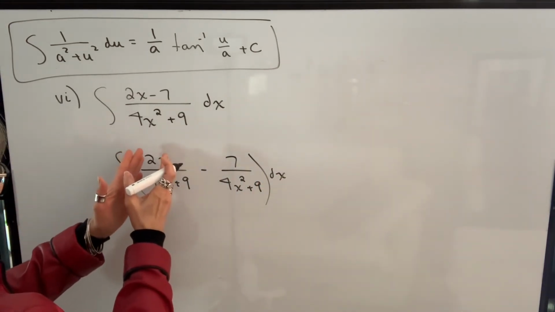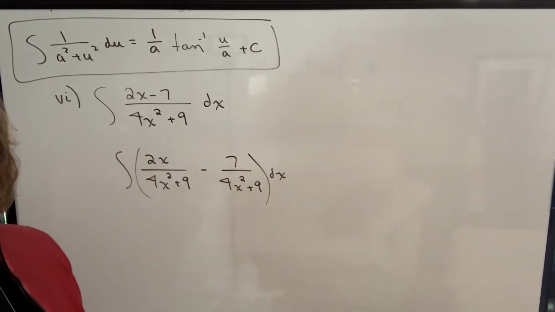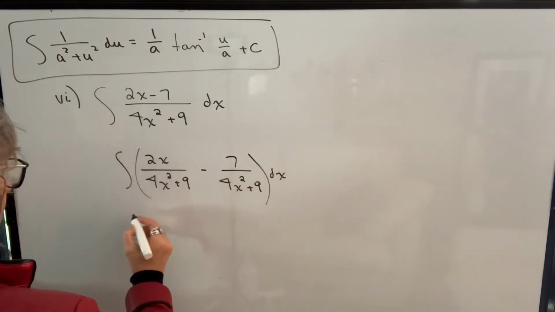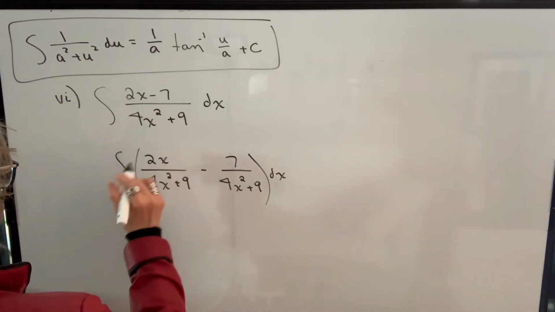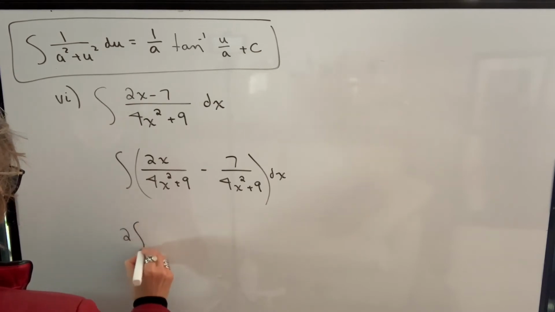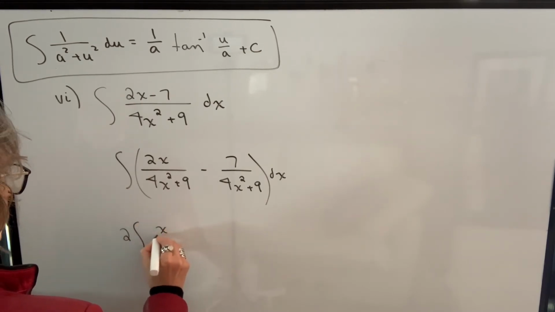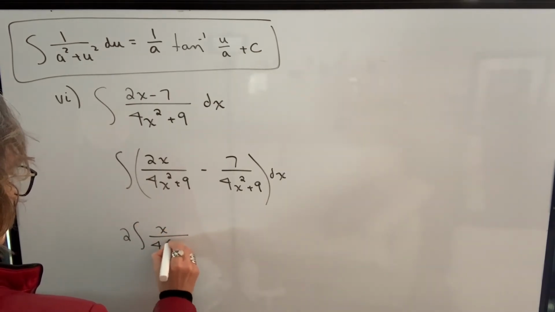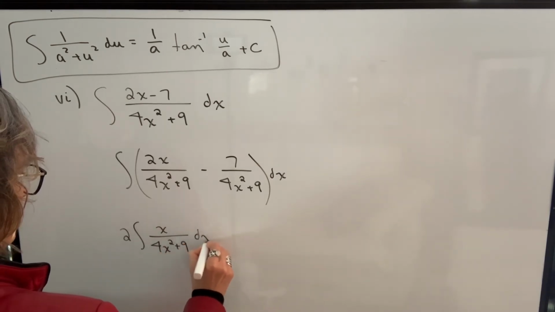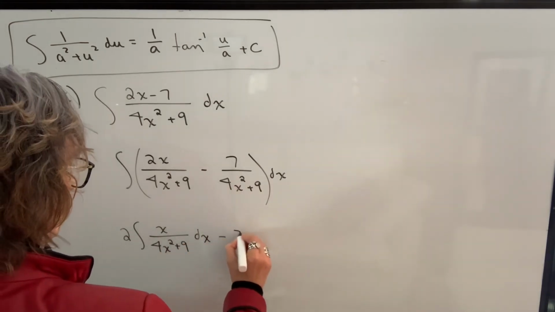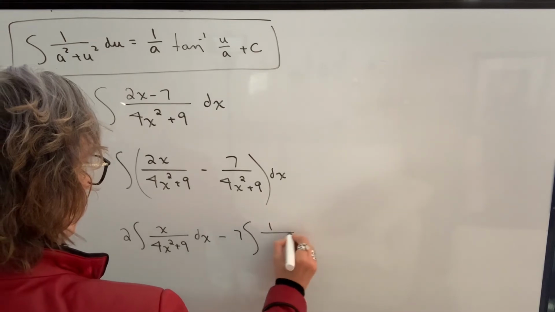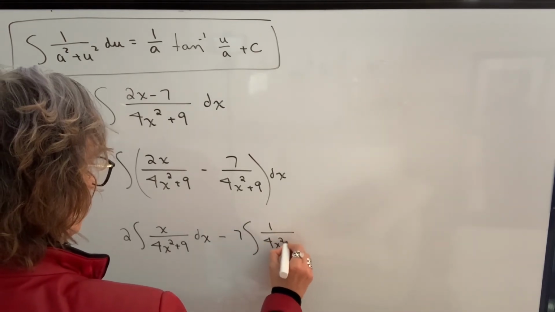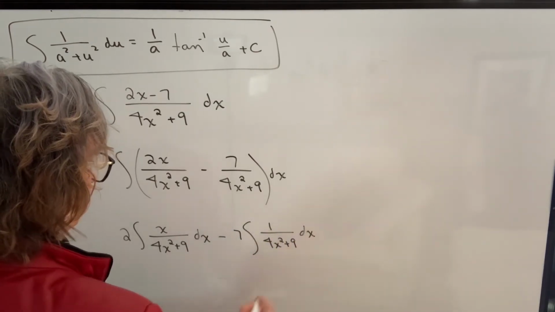I'm going to be able to integrate each of these terms, but I'm going to be using a separate pattern. So I want to break up these integrals. I'll pull the 2 out front, and I'll have the integral of x over 4x squared plus 9 dx minus, I'll pull the 7 out front on this integral, and I'll have 1 over 4x squared plus 9 dx.